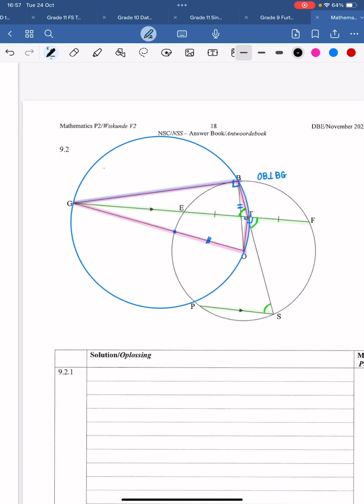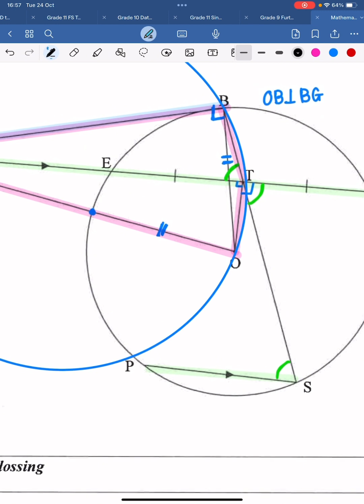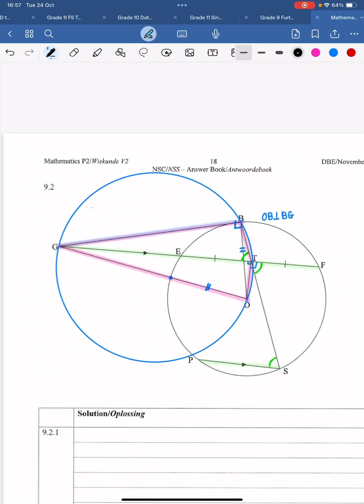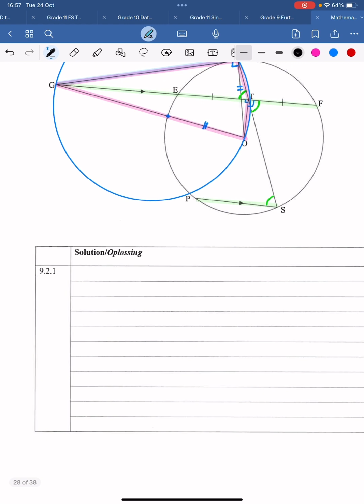We wrote that down. So I'm going to say, firstly, this angle OTE is equal to 90 degrees. So let me write that down. Angle OTE equals 90. The reason for that is line from center to midpoint of chord.